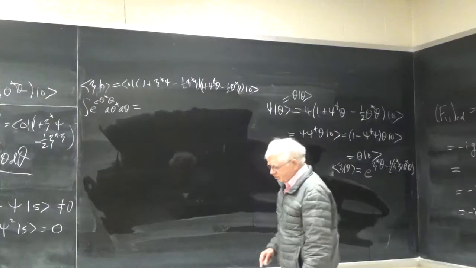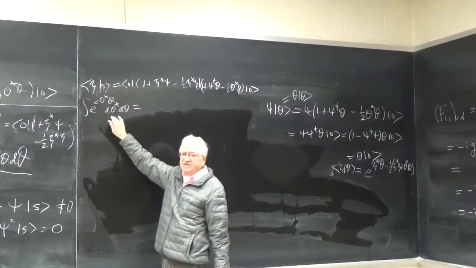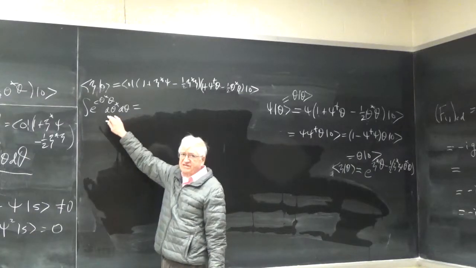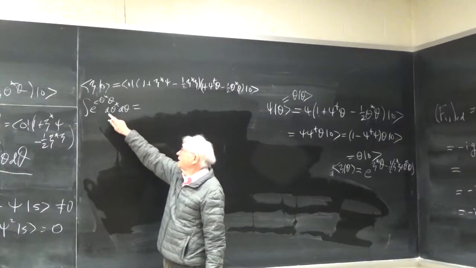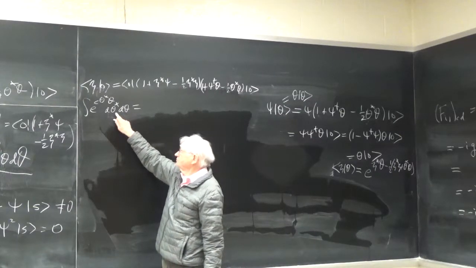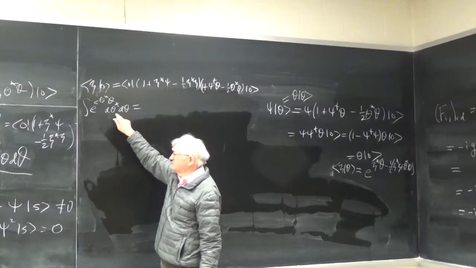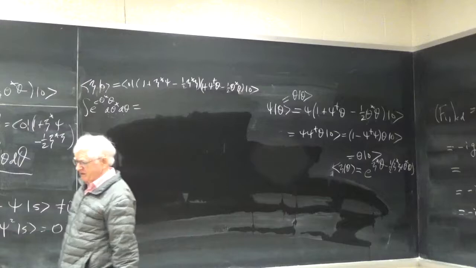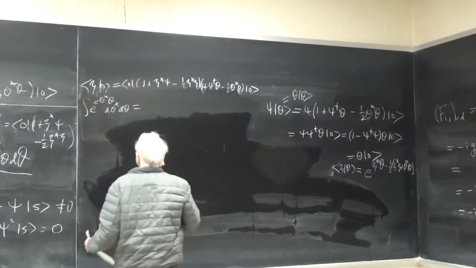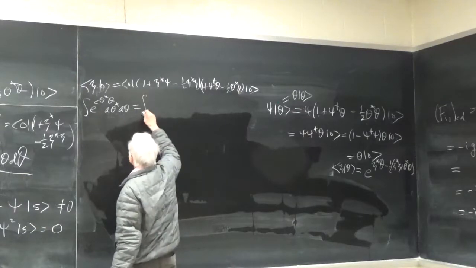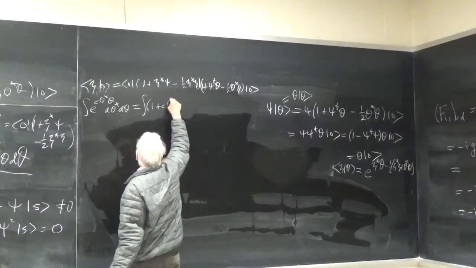By the way, when you work with Grassmann variables, you have to decide, are you going to have a d theta star d theta or d theta d theta star? It makes a difference of minus 1 because these things are Grassmann, and so they anti-commute with each other. If we expand this exponential, we see that it's really very simple. It's just 1 plus c theta star theta.